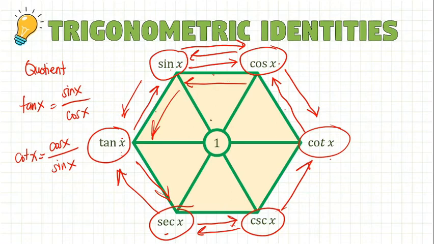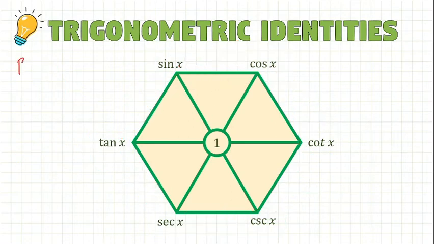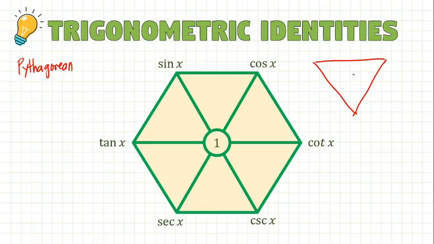Now for the last one, we have the Pythagorean identities. The Pythagorean identities can be seen in the inverted triangles here in our hexagon. So we have actually three inverted triangles here. The first one is this, second one, this one, and the third one, this one.